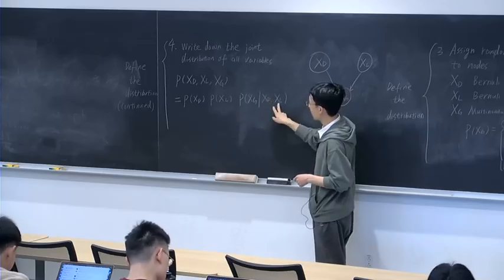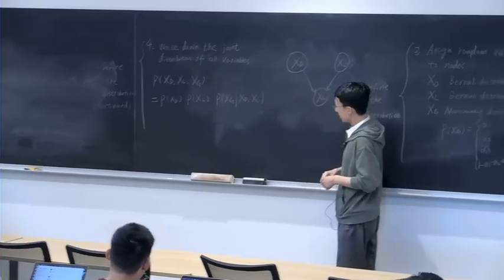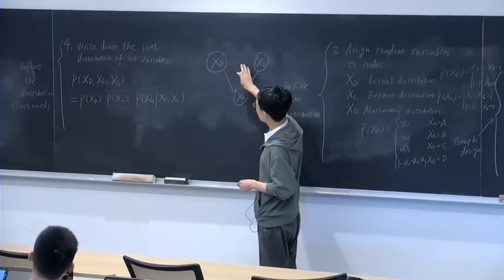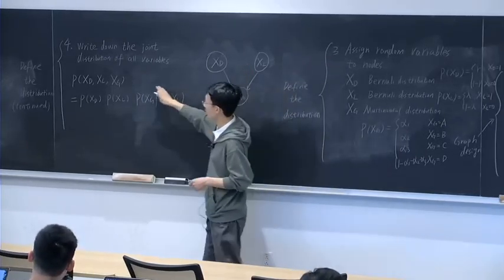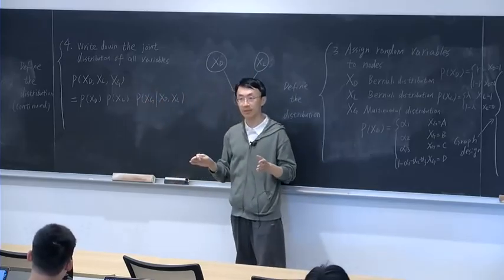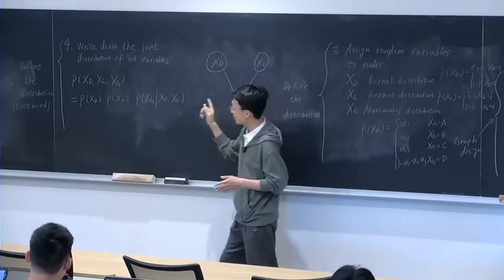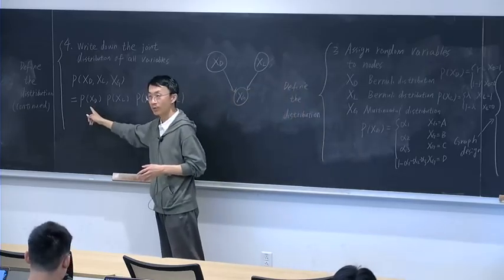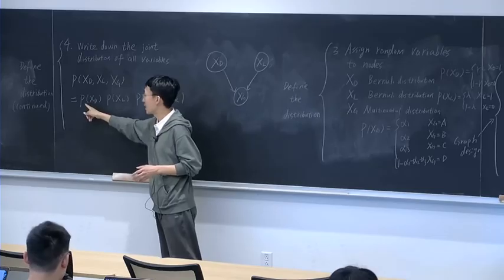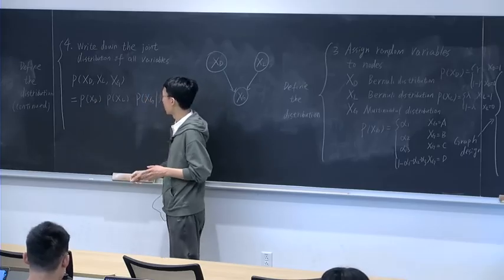Because d and l are the parents of g, right? So you can see that from this graph to the joint distribution, it's a simple procedure. You basically look at every random variable in this graph. If the variable has no parents, you just write down the marginal probability p directly defined over this variable.